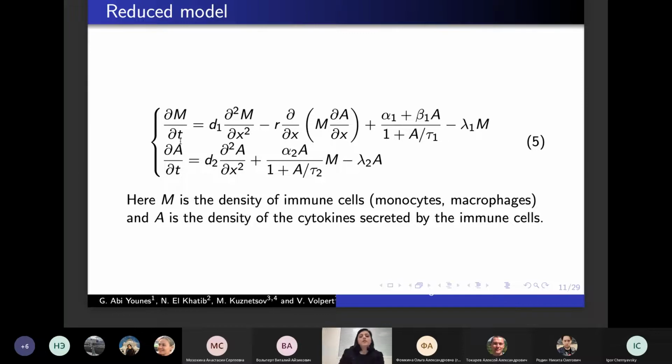Here, in this term, the flux of macrophages goes in the direction del A over del X, because in this model we do not take into consideration EGF or endothelial cells. So what triggers the chemotaxis of macrophages are the cytokines, due to the positive loop that I explained earlier.